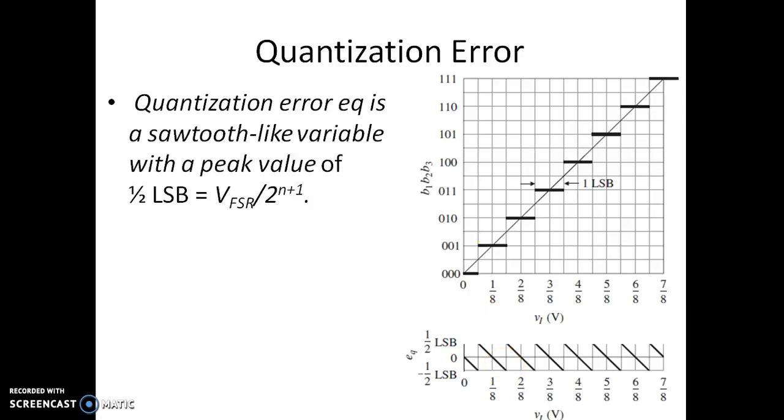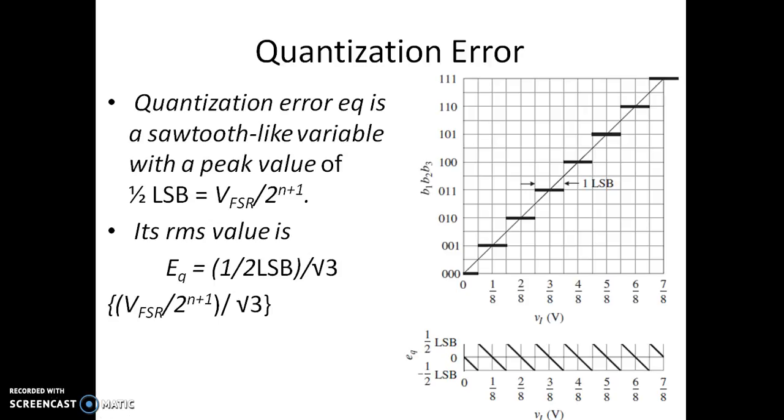So this is what we discussed in the previous video, and we are trying to find out what half LSB is equal to. We know that LSB is given by V reference divided by 2 power n. Half LSB is given by V full scale range, VFSR, divided by 2 power n plus 1.